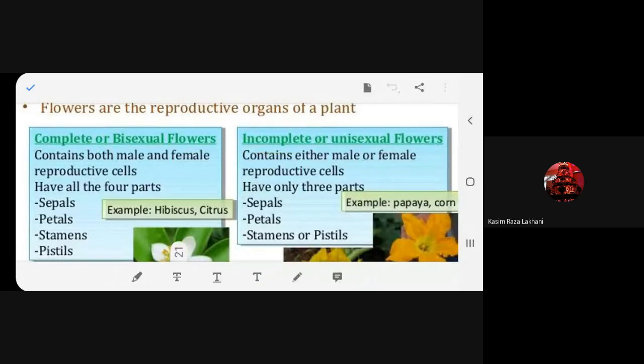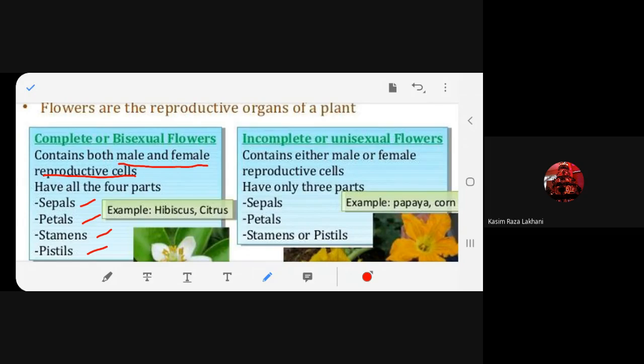In bisexual flowers, as the name suggests, we have both male and female reproductive cells, consisting of sepals, that's green colored, petals, that's beautifully colored, stamens, the male, and the pistils, the female. Examples: hibiscus and citrus.